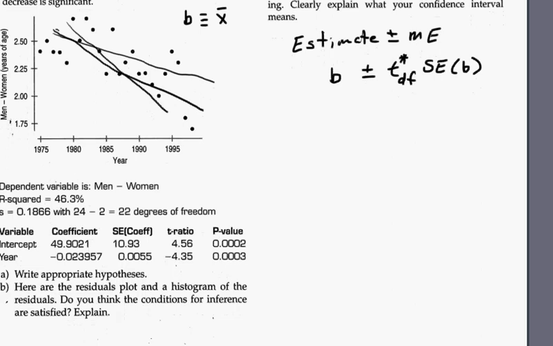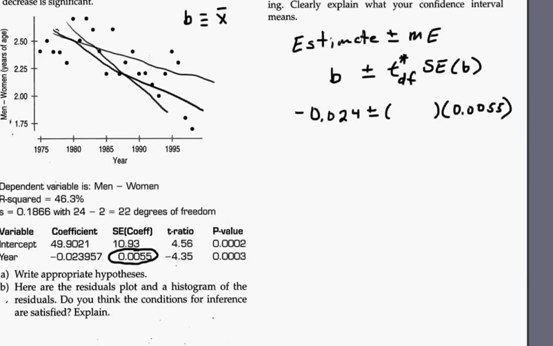The good news, especially if we have a computer printout, is we've got the slope, negative 0.024, plus or minus, I'll come back to that value. Then we have the standard error of the slope right here, 0.0055.